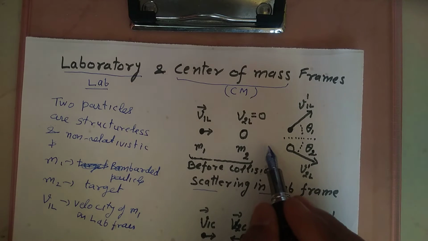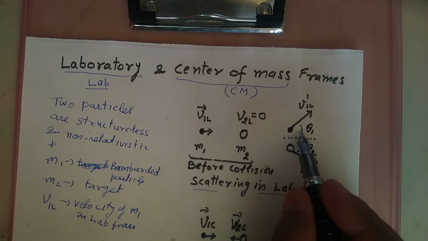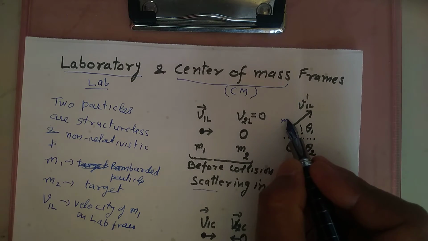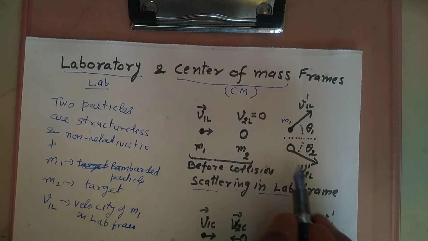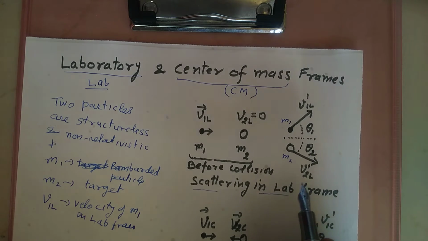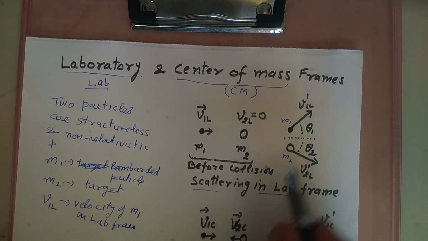And after collision what will happen, that this M1 particle gets scattered through this angle theta1, and M2 gets scattered through an angle theta2. And here the velocity is after scattering or after collision.